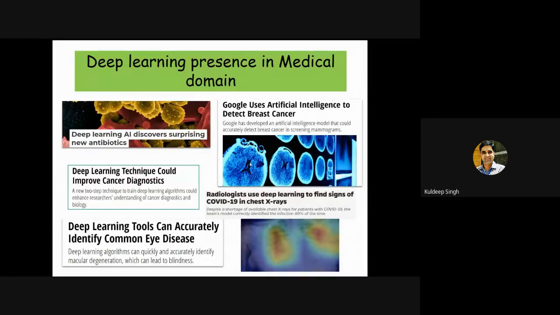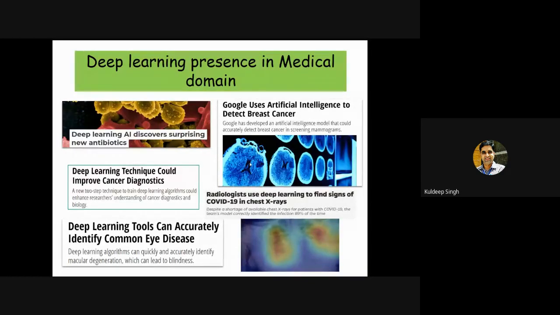Then a lot of companies like Google, Facebook, Microsoft, IBM are investing a large amount of money in the field of medical diagnosis. And thanks to deep learning, which has human comparable results, specifically in medical diagnosis, it has surpassed human doctors as well.